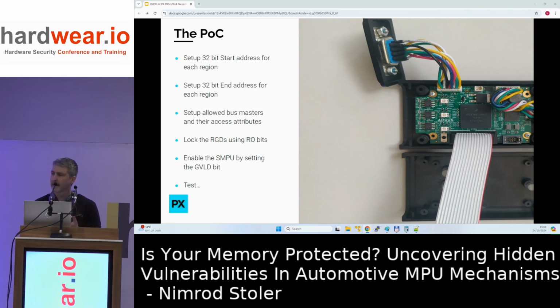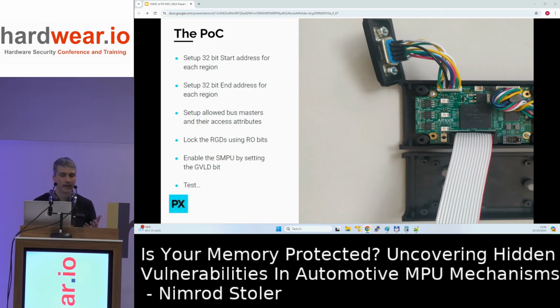We simulated an attacker on one of the cores of the microcontroller, and we soon found out that although the manuals of the SPC58 claim that the GVLD bit would have no effect on the SMPU after the RO bits are set, for some reason, this hardware mechanism, to the best of our understanding, was not implemented on the silicon, or at least it wasn't working.